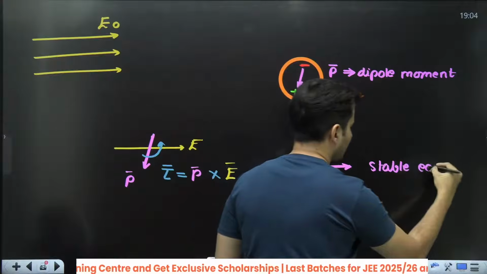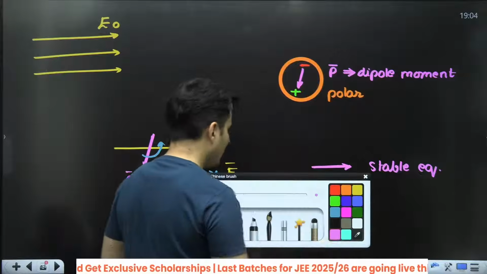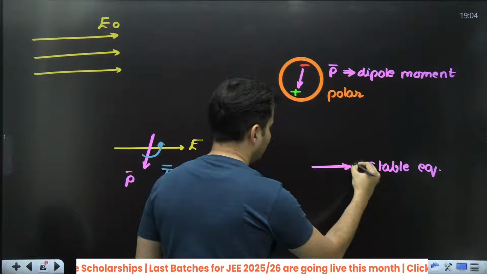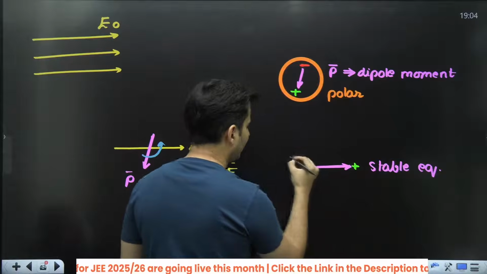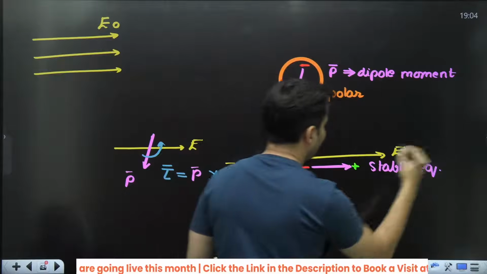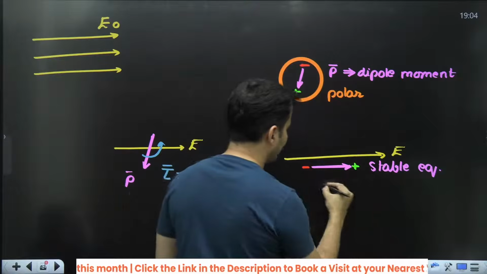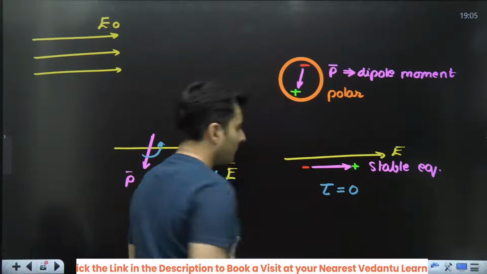So you will have the positiveness over here, the negativeness over here, and the external electric field traveling like this. And in such a case, the torque will be 0.